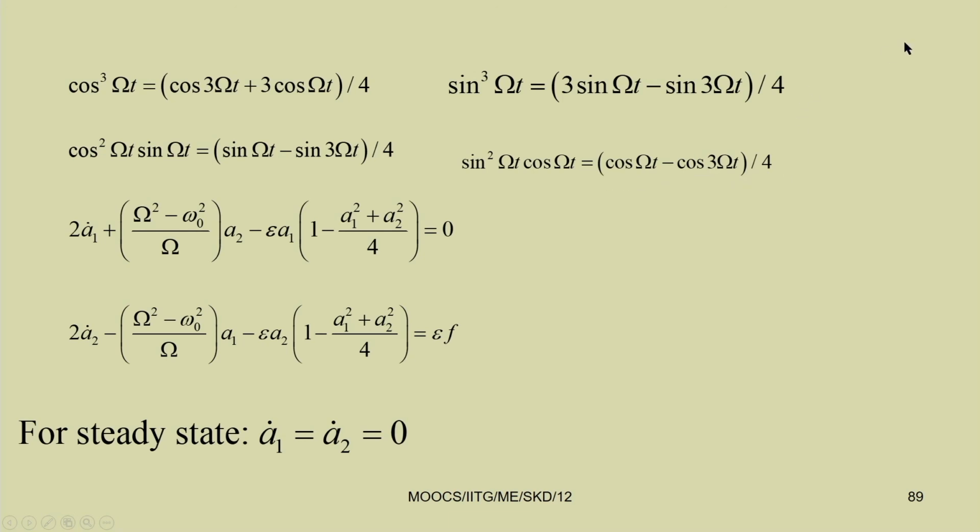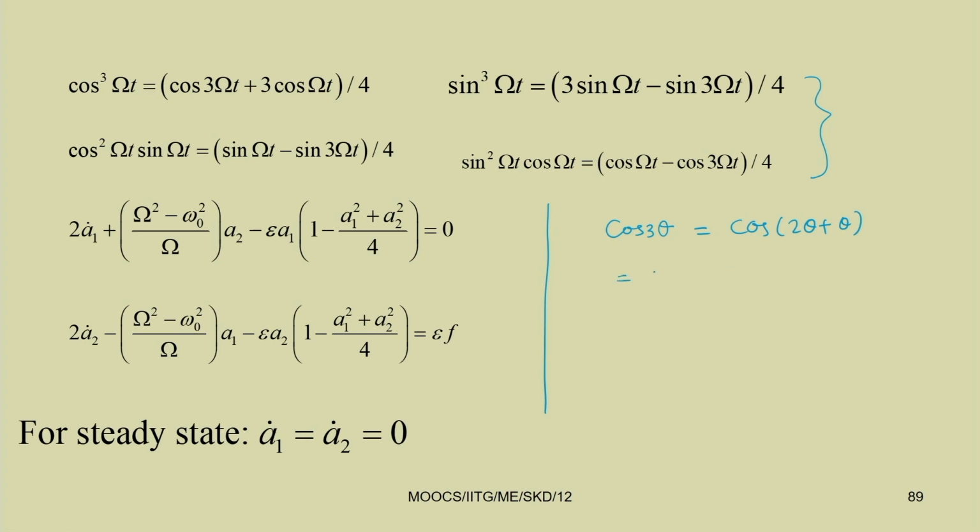So, these trigonometric identities can be easily derived. For example, by writing this cos 3 omega t, one can get this. So, let us take cos 3 omega t, or simply cos 3 theta. So, cos 3 theta can be written as cos of 2 theta plus theta, so cos a plus b.